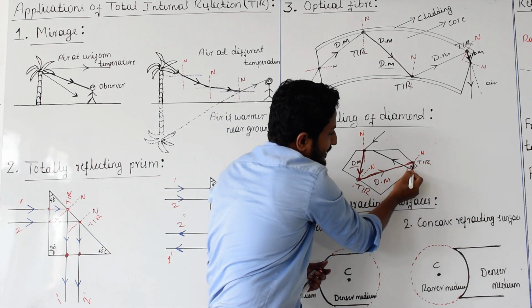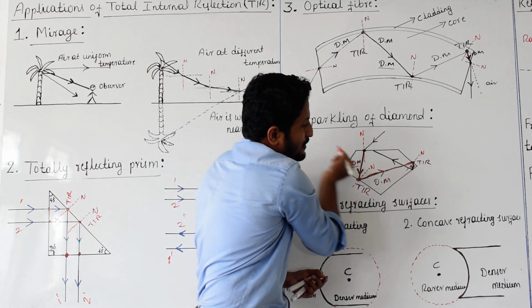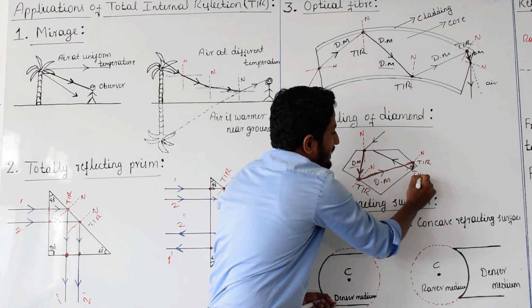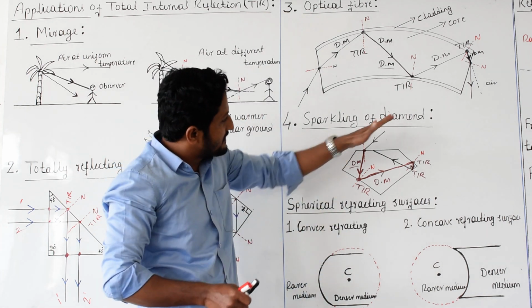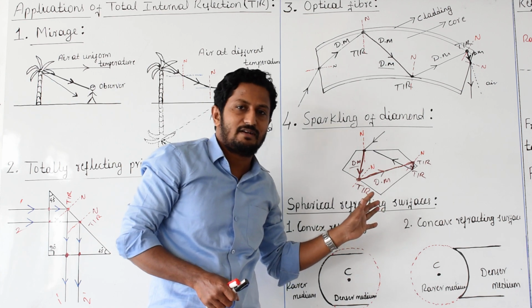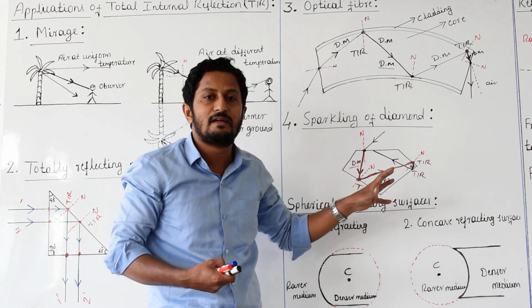Again here, you see, it got incident on this point. Again it bounced back, coming through denser, bouncing back to the denser. Again TIR happened.